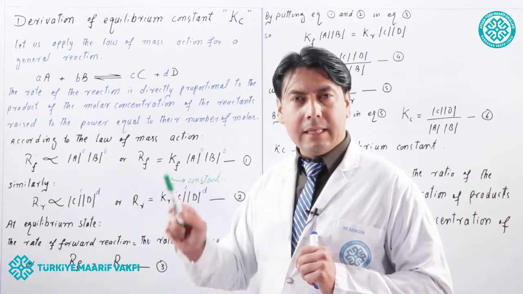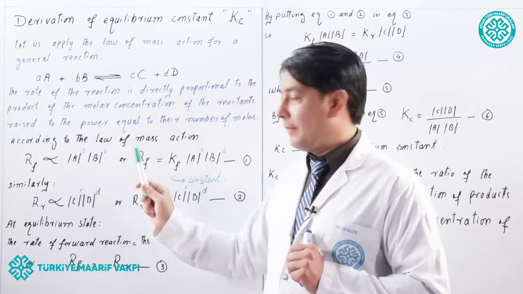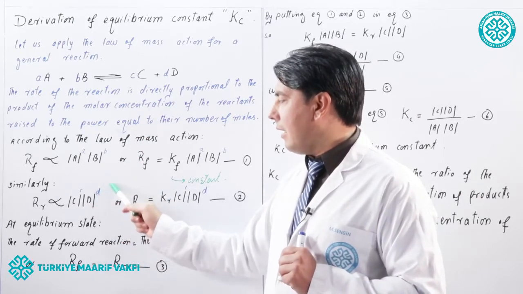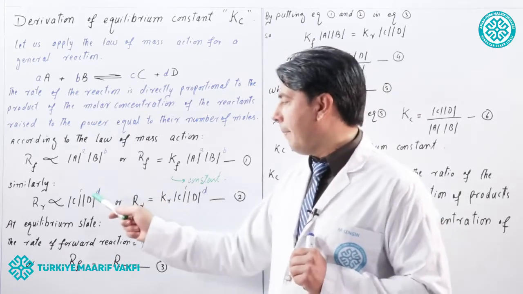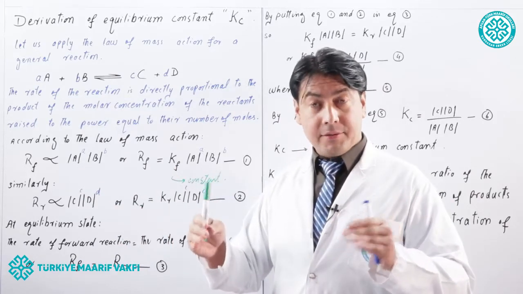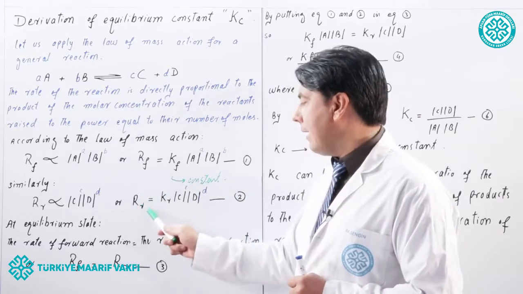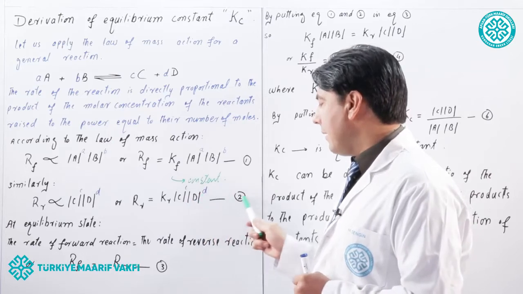Small c indicates the number of moles of the product C, and similarly small d indicates the number of moles of the product D. By removing the proportionality sign, we place a proportionality constant. So, Rr is equal to Kr into [C]^c into [D]^d. This is equation second.